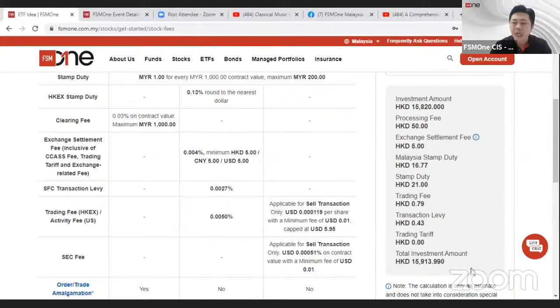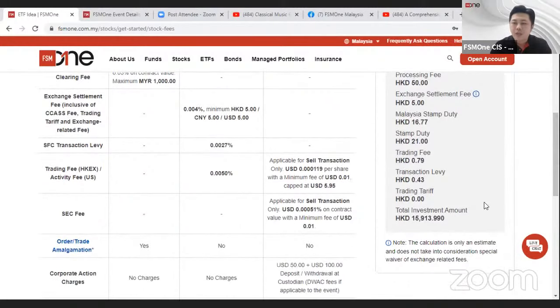From here, you are able to estimate roughly what your investment amount is in Hong Kong dollars. So it will enable you to perform your FX conversion more accurately.